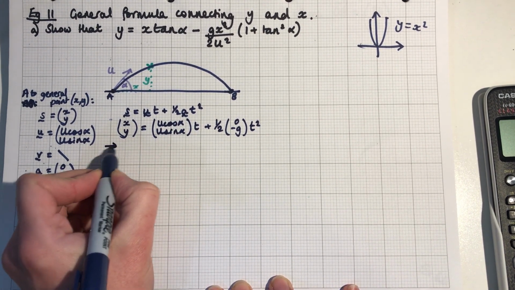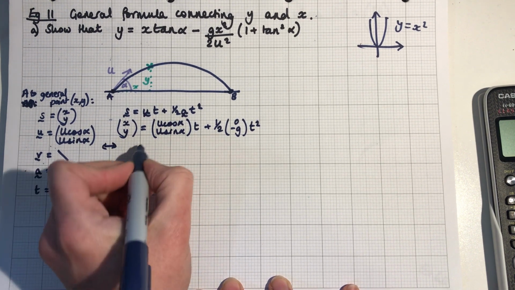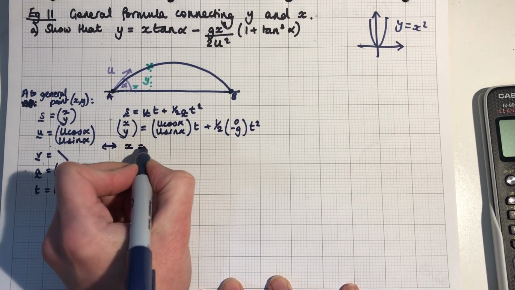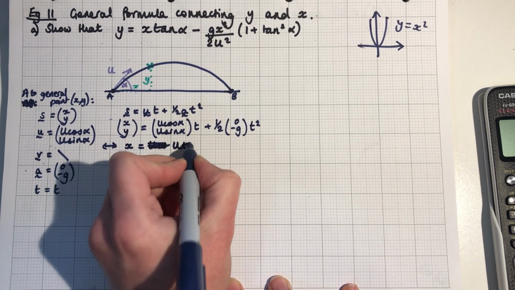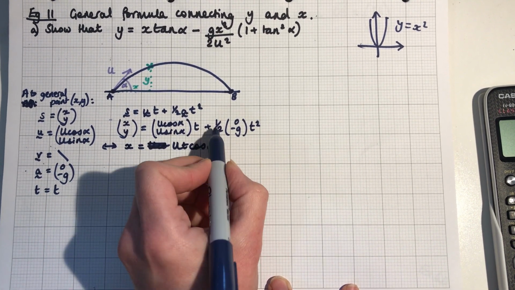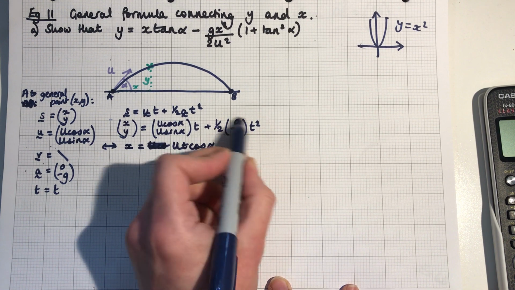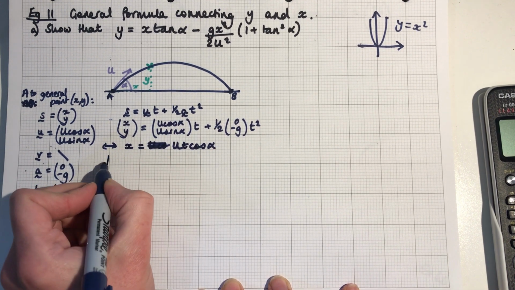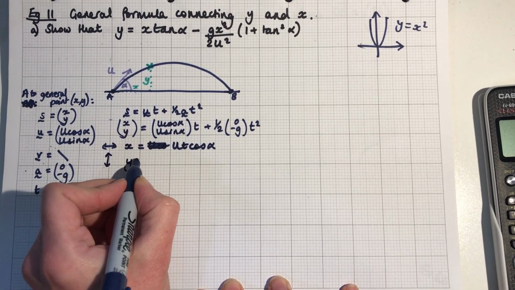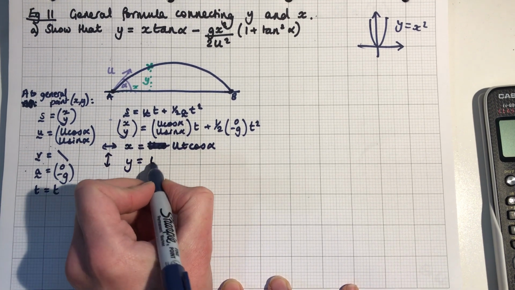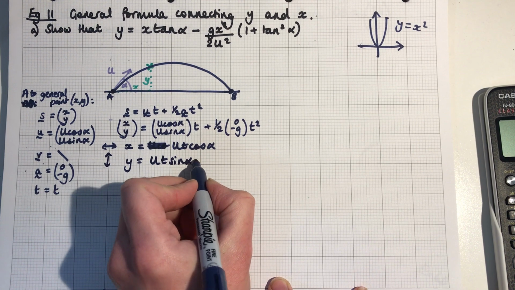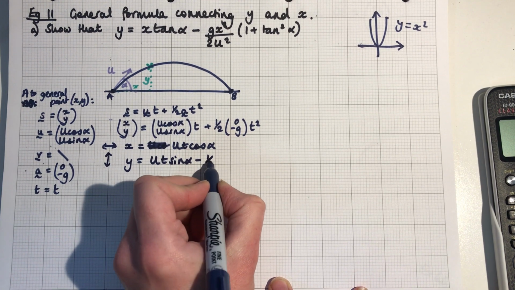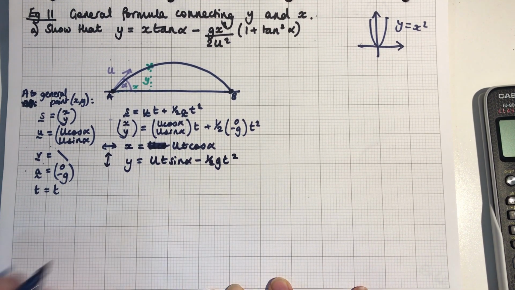Let's take each of these equations separately now. Horizontally, we've got x equals ut cos alpha plus half times 0 times t squared, so that's just 0. Vertically, we've got y equals ut sine alpha minus half gt squared.